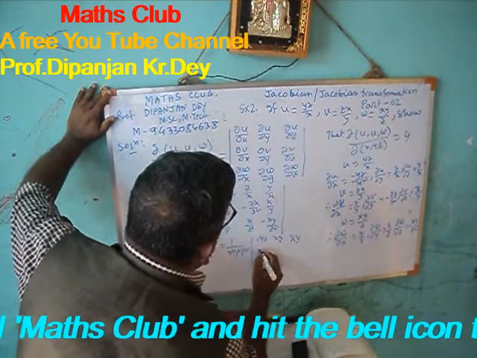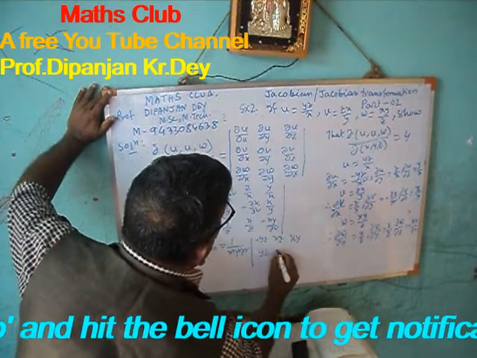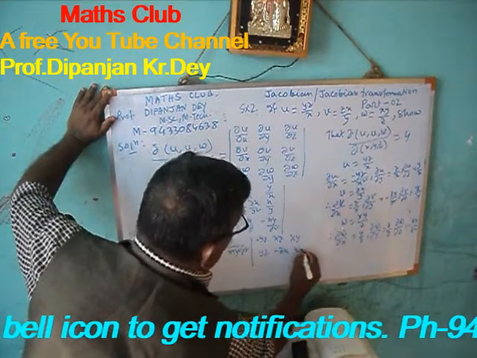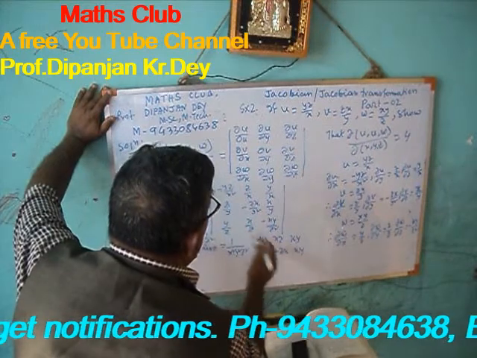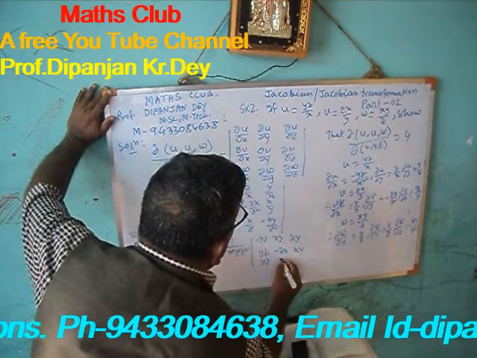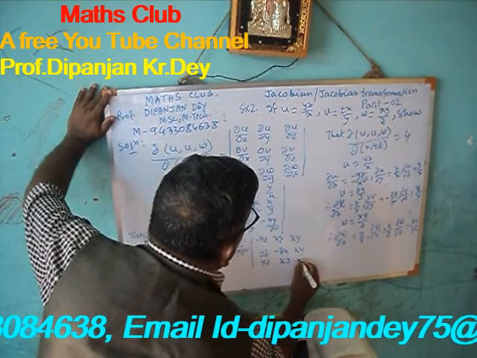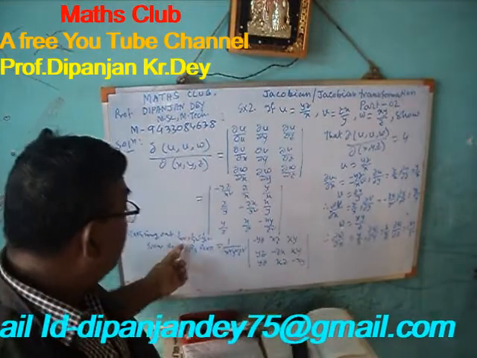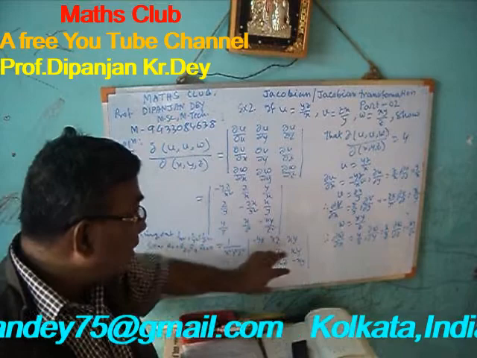Similarly, 1 by y square from here: yz, minus zx, xy. Similarly, 1 by z square taken out: yz, xz, minus xy. So after taking 1 by x square, 1 by y square, 1 by z square common from R1, R2 and R3, we are getting this determinant.